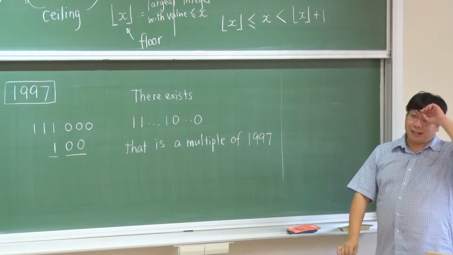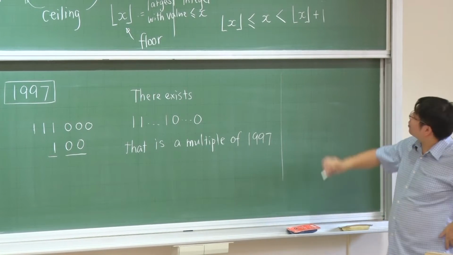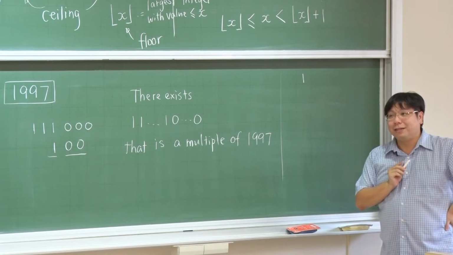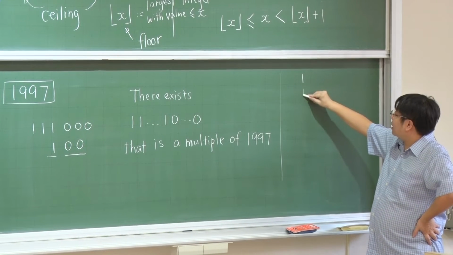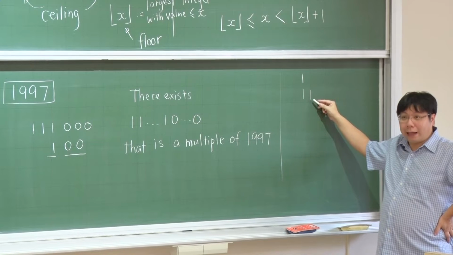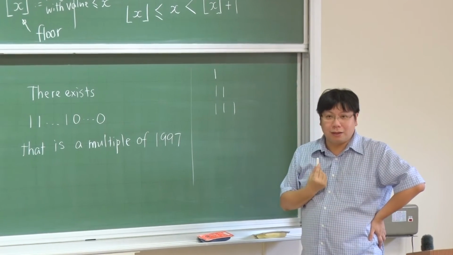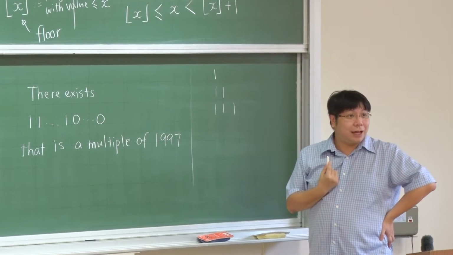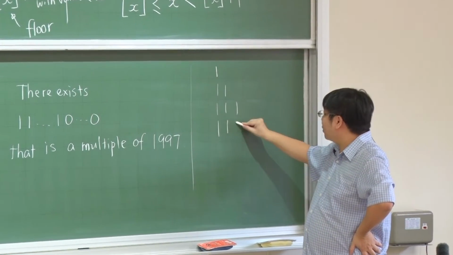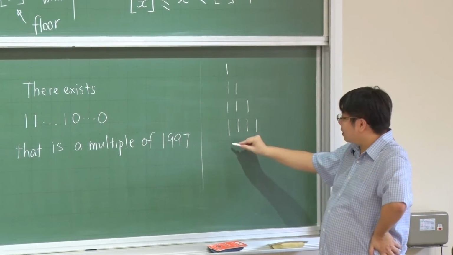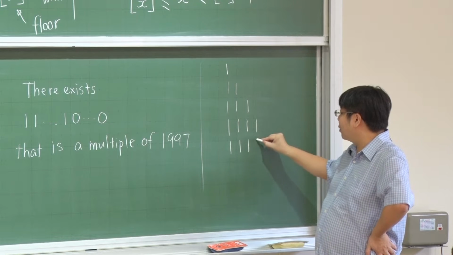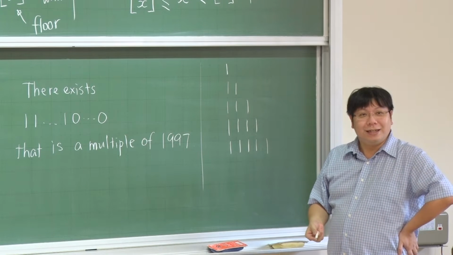Let's look at the numbers. The first one is 1. The next one is 11. Then 111. Then 1,111. And then 11,111.